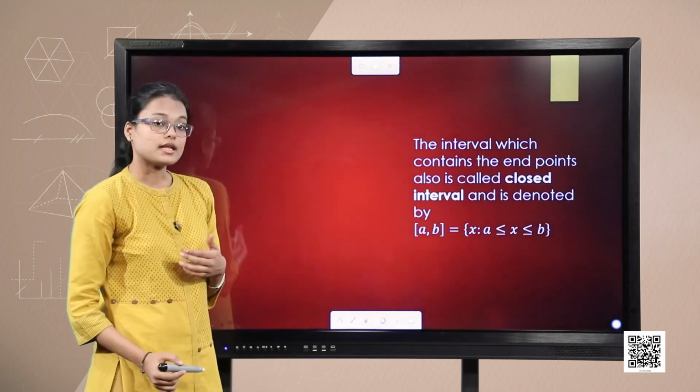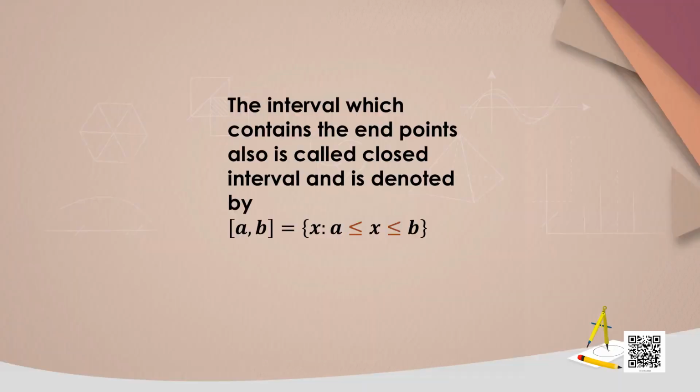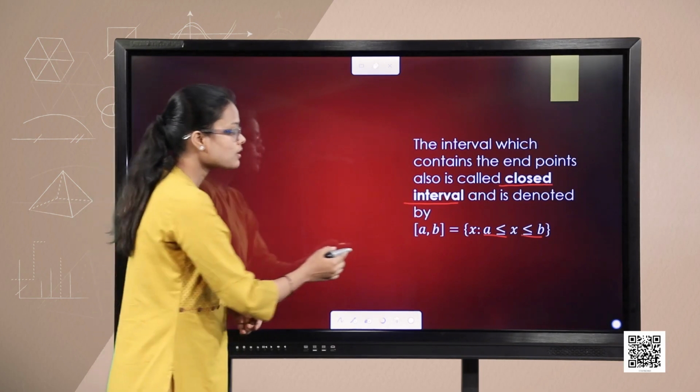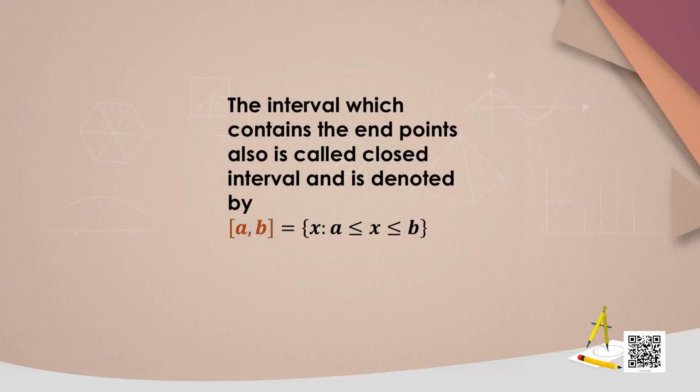Now, the next type is the closed interval. When we include the endpoints, then the set becomes a closed interval. Students, observe the notation. Here, the brackets are changed into square brackets.